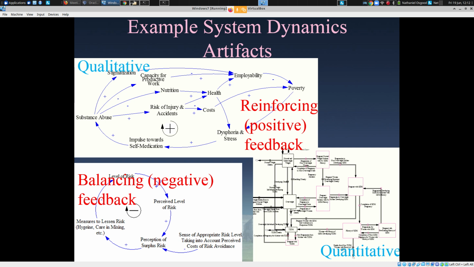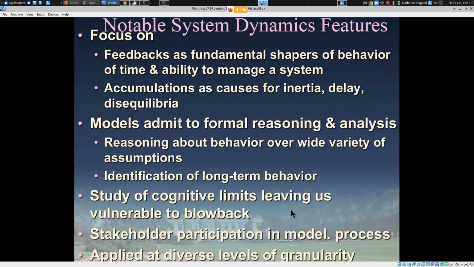And it dates back to the work of the late 1950s by Jay Forrester at MIT.